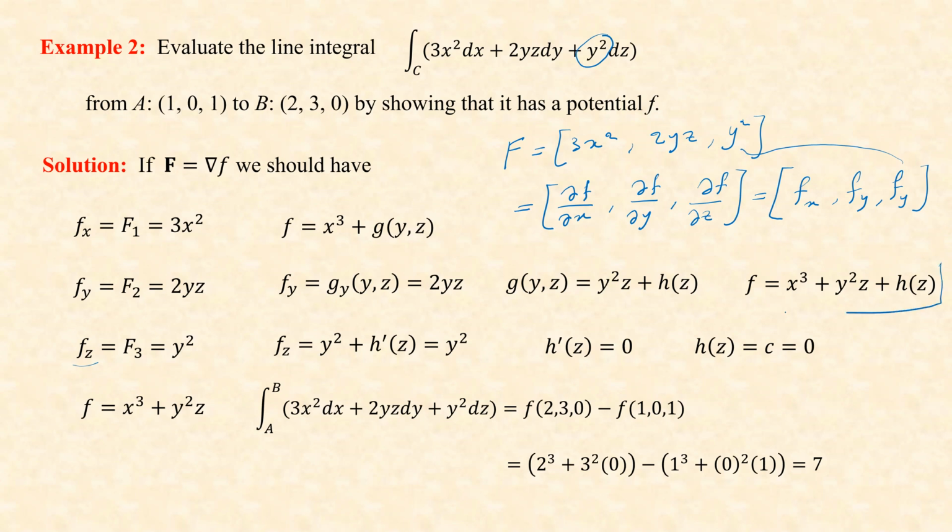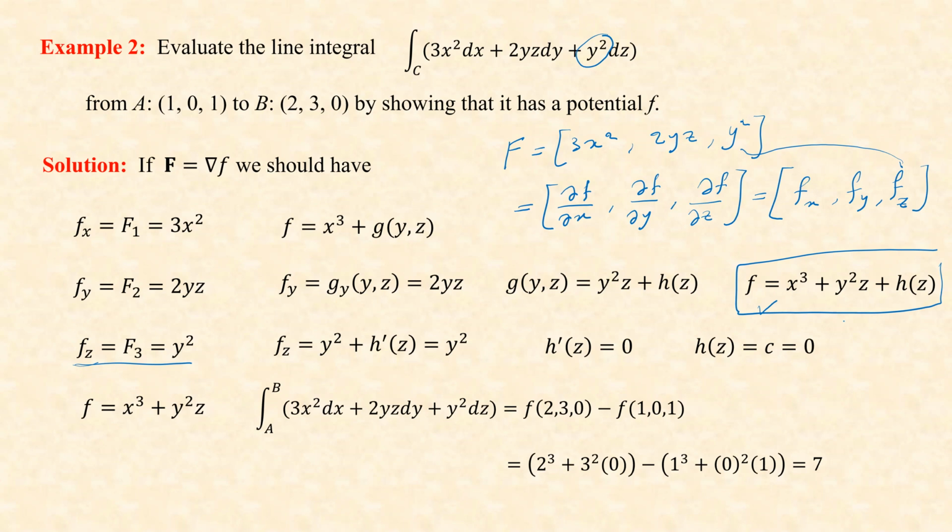So far we have f equal to this. We know that fx, fy, fz. So the partial of f with respect to z should be y squared, right? On the other hand, we have this f. We take the partial with respect to z.